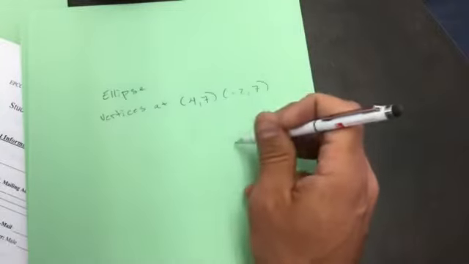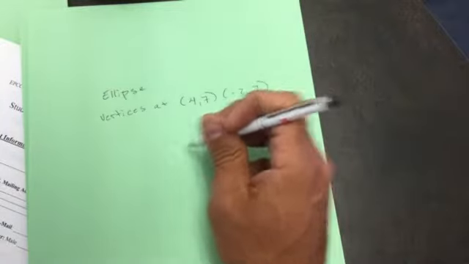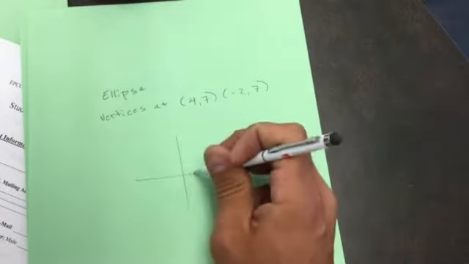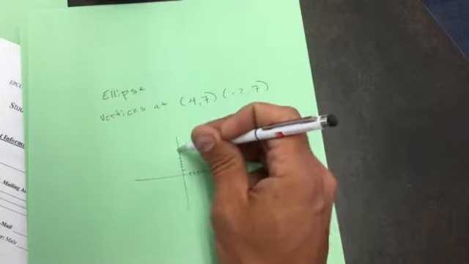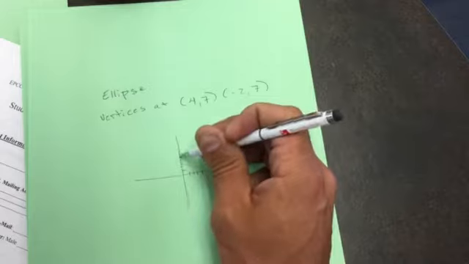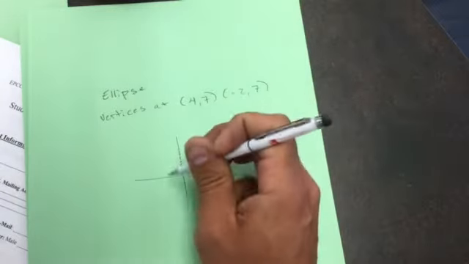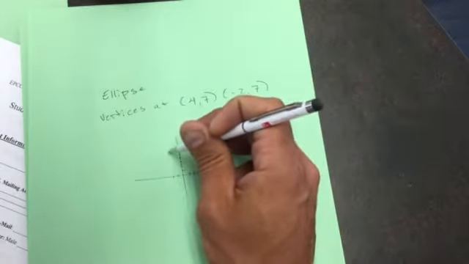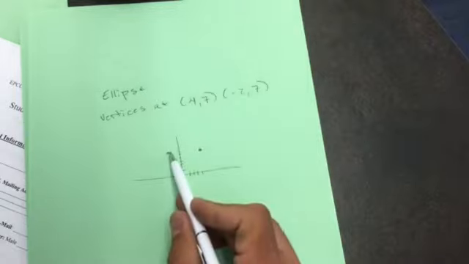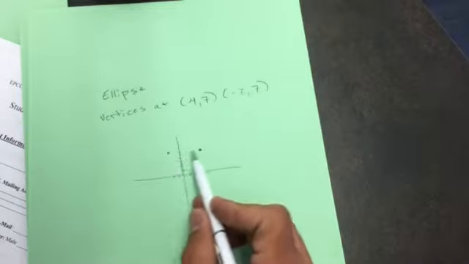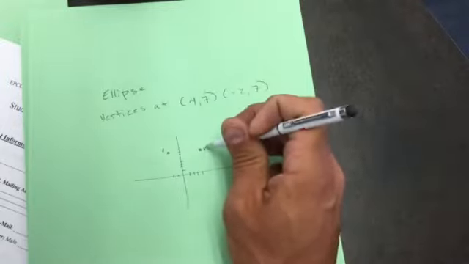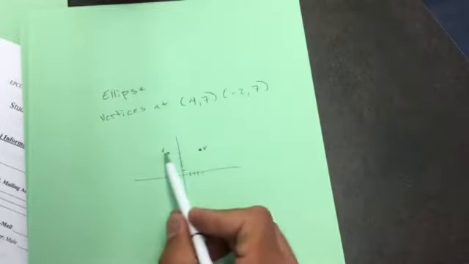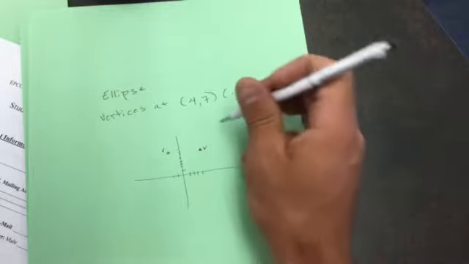So if I think about this, what's happening on the graph is that at 4, 7, 1, 2, 3, 4, 5, 6, 7, I have one vertex. And then at negative 2, 7, I have the other. So this is the length across my ellipse. Now these are vertices, so that means the movement is happening on the x, so it's horizontal.